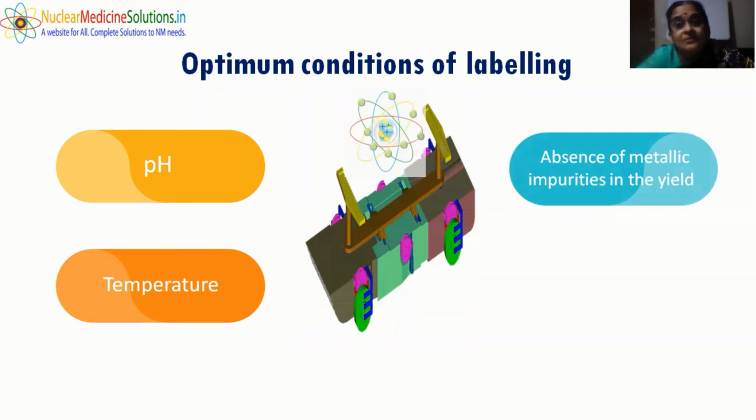Germanium-68, the parental radionuclide with such a long half-life, should not get into the reaction, or inside the patient's body, because that becomes a radiation safety issue, as it will be constantly emitting positrons. And these metallic impurities can also hinder the reaction or bonding of this gallium to get the desired gallium radiopharmaceutical.